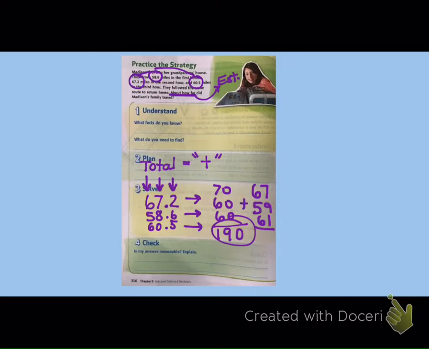Well, let's figure it out. 9 plus 1 is 10. 10 plus 7 is 17. 6 plus 5, 11 plus 6 is 17, plus 1 is 18. So you can see that they're really close together, 190 and 187, whether we're rounding to the tens or rounding to the ones. They're very close in this case. So since they're both the same, I guess we can definitely check for reasonableness. It is approximately that.